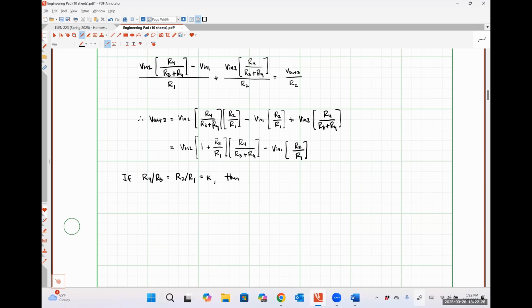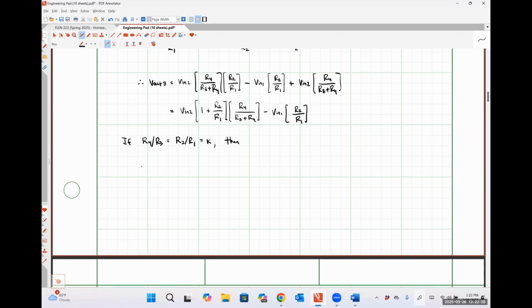Then our result would simplify to V out is equal to Vn2 times 1 plus K over R4 over R3 plus R4, minus Vn1 times K.